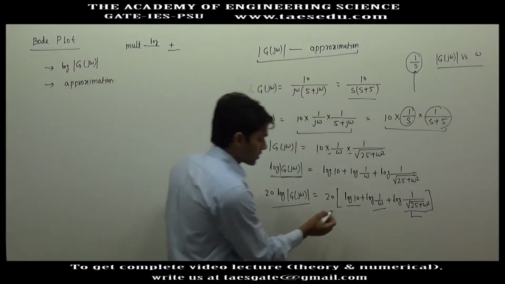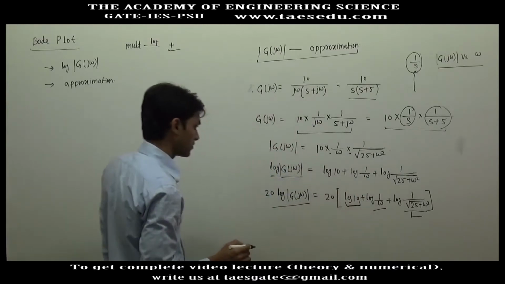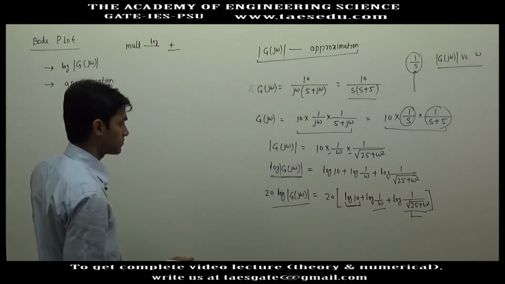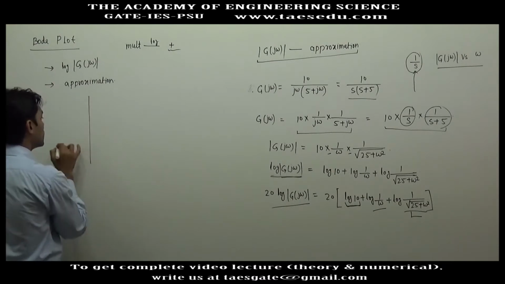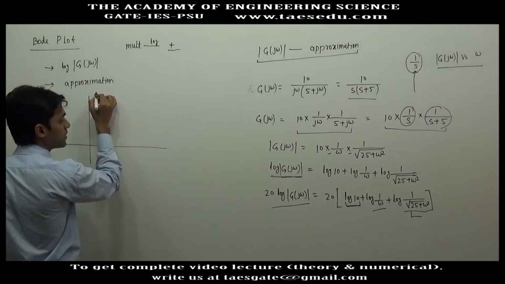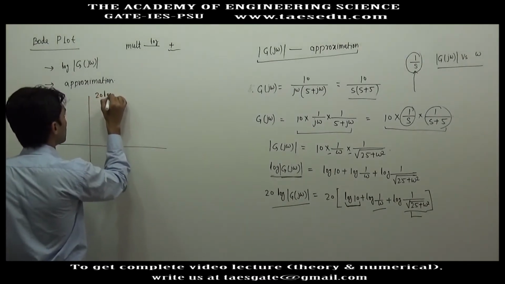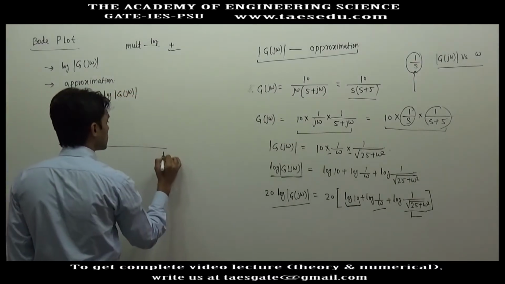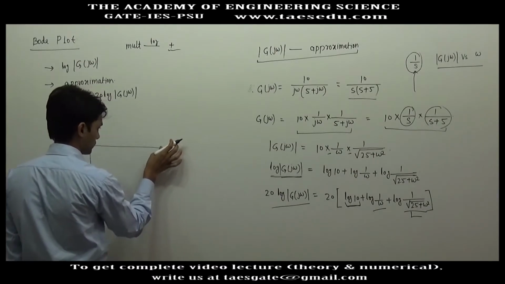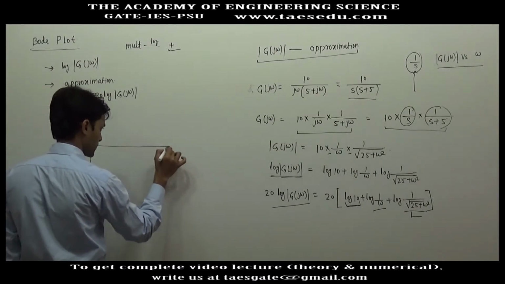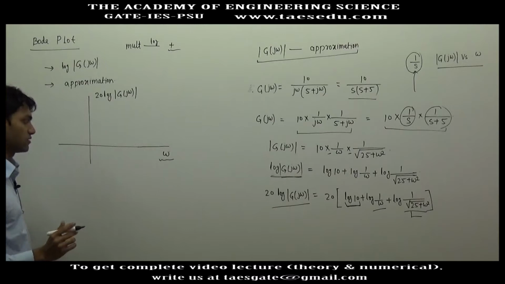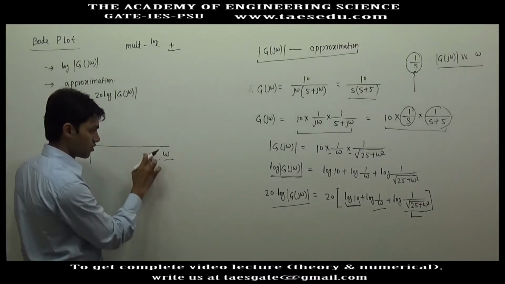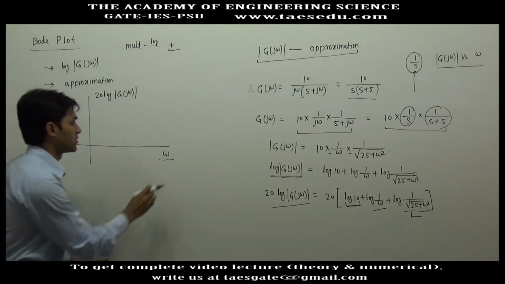So if we try to plot this log 10, in the plot we have to get graph of 20 log modulus of G(jω) versus ω. We will modify this axis. This is not actually ω, we have log ω here.